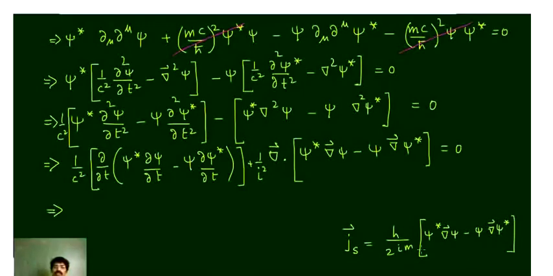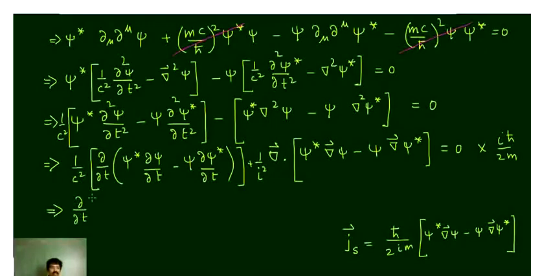I think you remember J in Schrodinger's equation. So if I want to bring this, i is already there, I must multiply by iħ/2m. So multiply the whole equation by iħ/2m and allow this c² to get in.